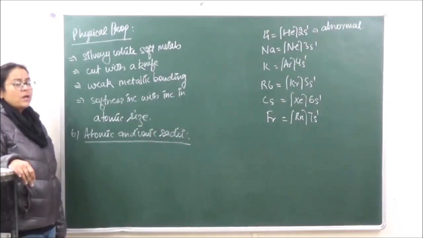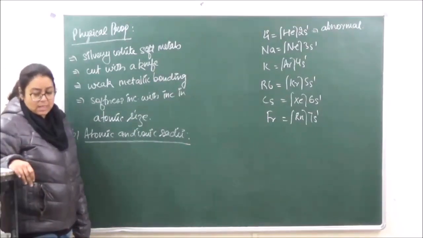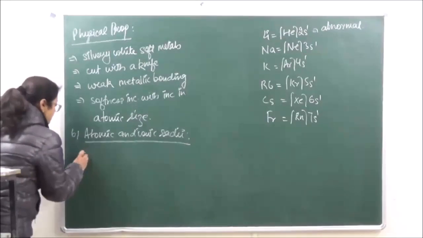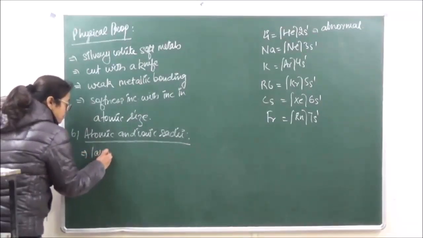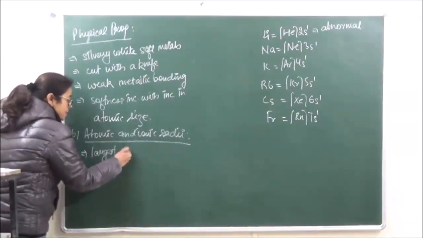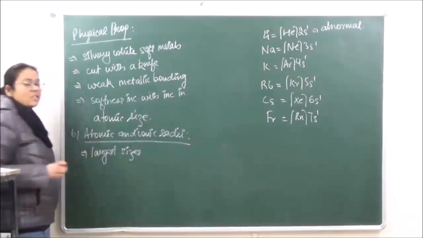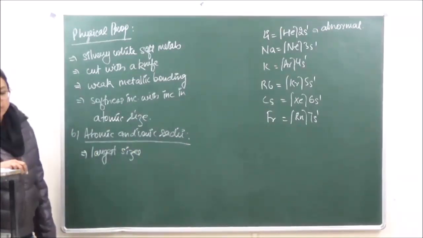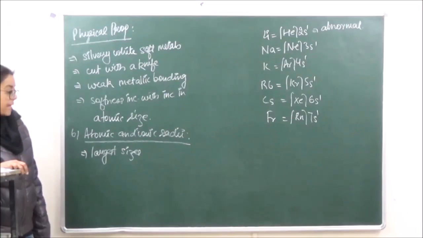So when we are moving along the period, the size keeps on decreasing. Therefore, they have the largest sizes in the periodic table. And this large size is due to less nuclear charge.